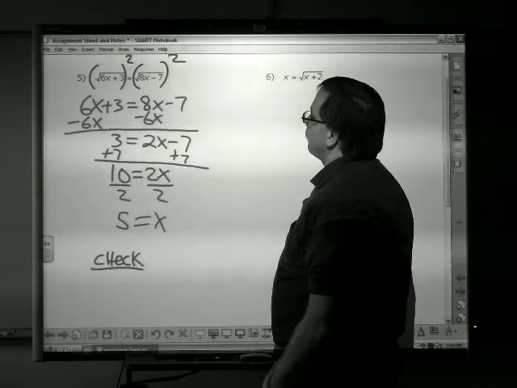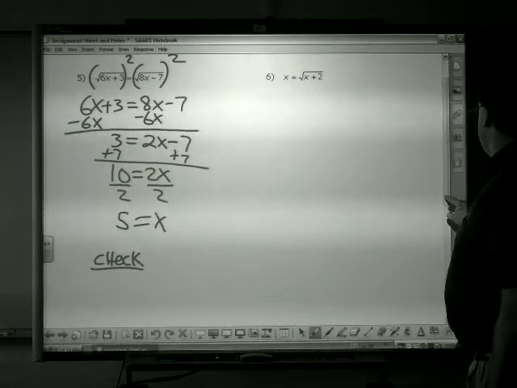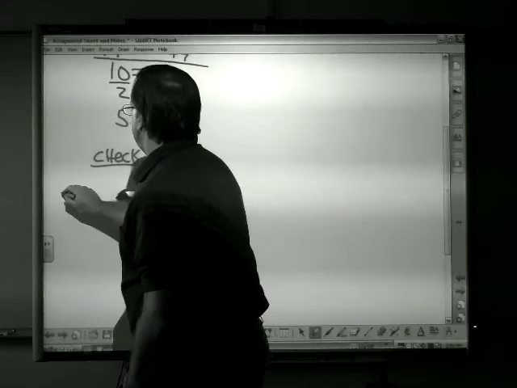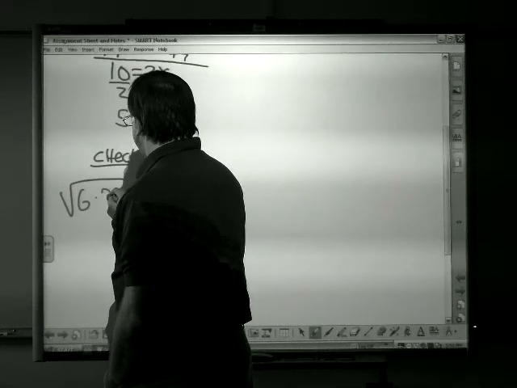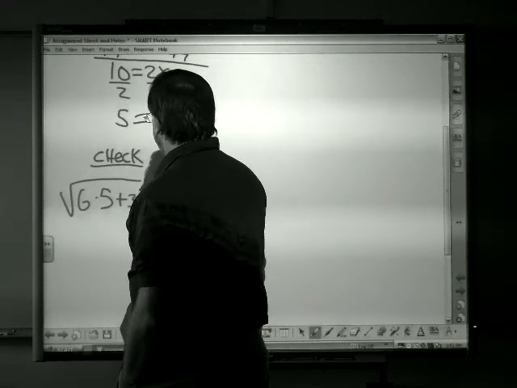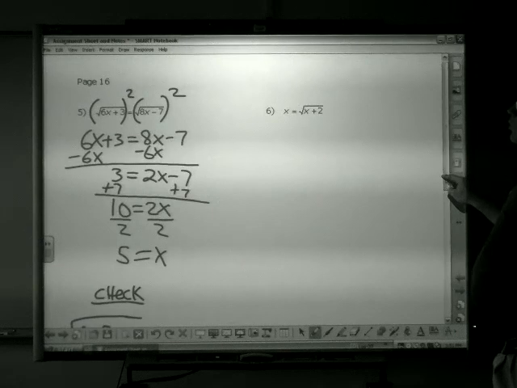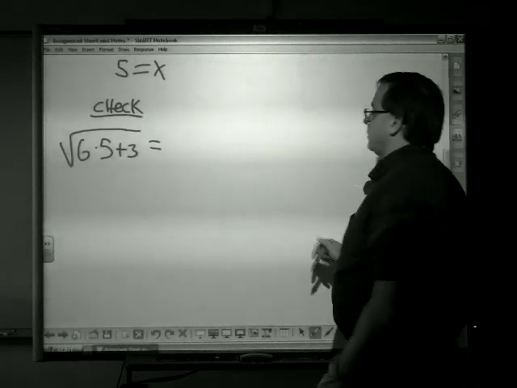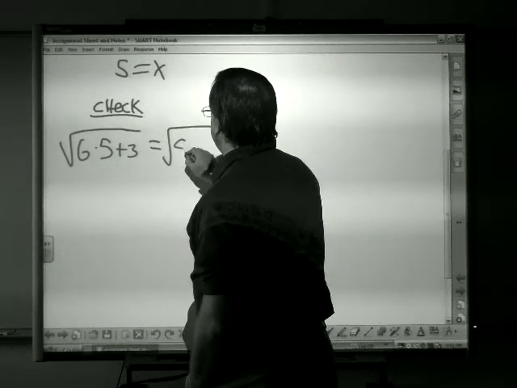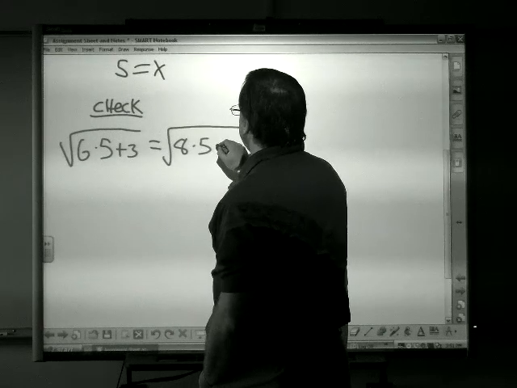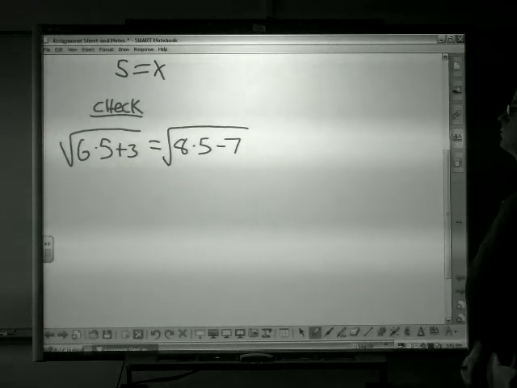So I got square root of 6x plus 3. So this is going to be the square root of 6 times 5 plus 3. And I want to know if that equals the square root of 8x minus 7. The square root of 8 times 5 minus 7.